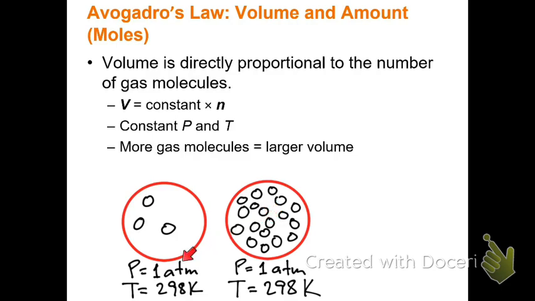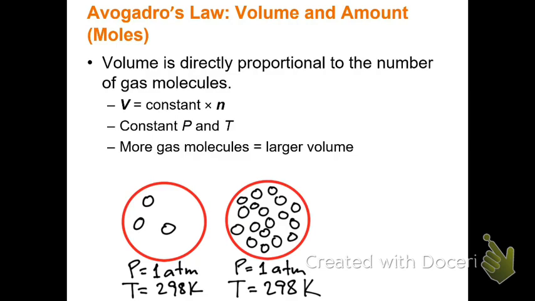And so, what would happen if we kept the pressure constant? What happens if we prevent the rise or the increase in pressure in the second container? Well, according to Avogadro's law, volume has to expand proportionally to the number of molecules.